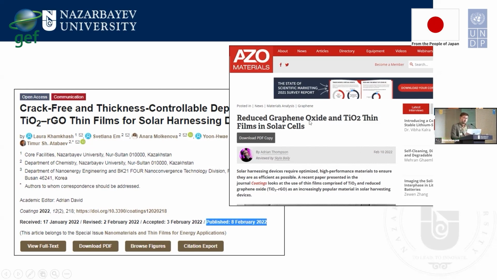That was published in an international news forum that publishes the technological results of such projects. And these materials can be used not only for electrocatalytic production of hydrogen, but also for solar panels because they increase the speed of transition to the third generation of solar panels.